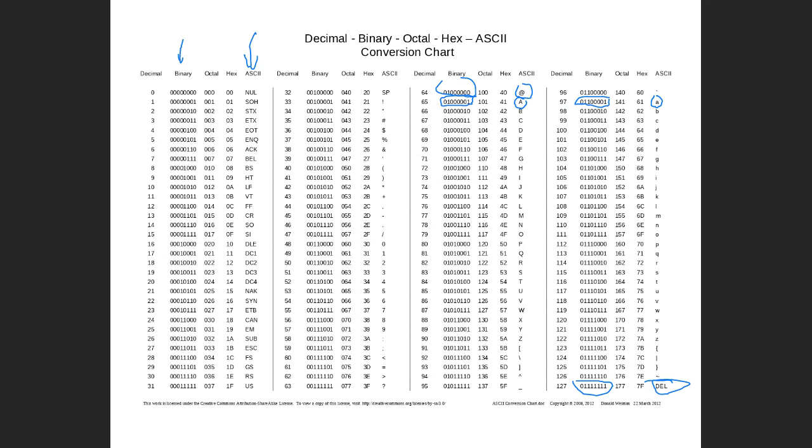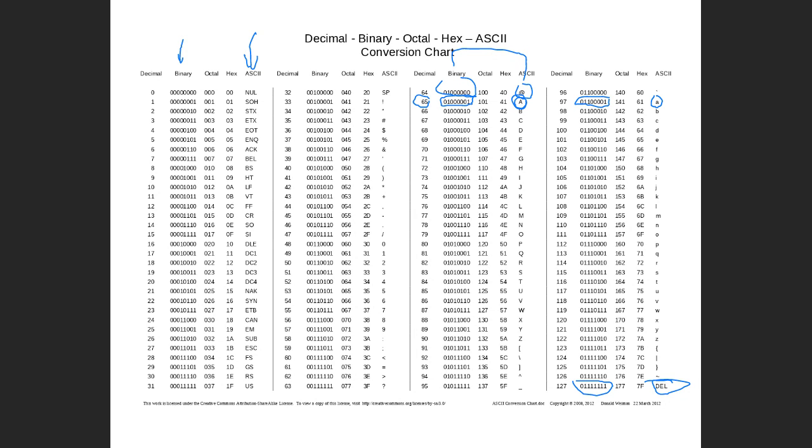Now, you might want to know, what are all these other things? Let's use the uppercase A. Here is the binary code for uppercase A right here, which I'll circle. But they also display this binary code in decimal. If you convert this code to decimal, you get the number 65.